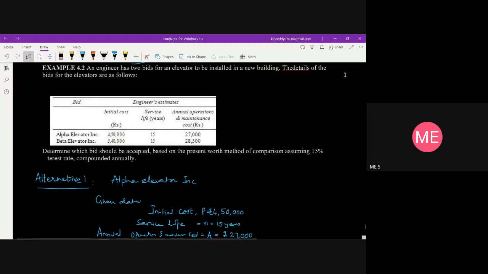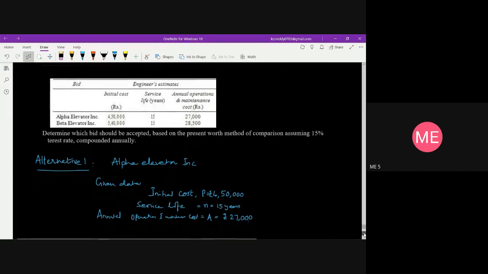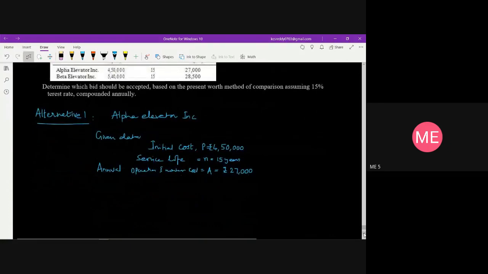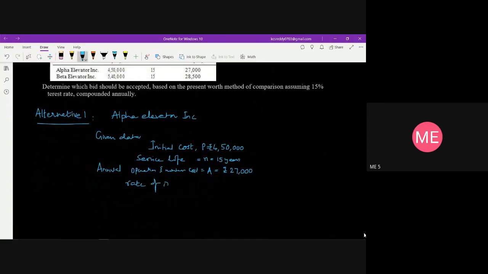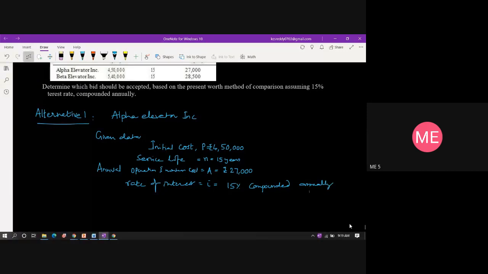And he has also mentioned that the rate of interest I is 15%, that is I is equal to 15% compounded annually. So this is what he has mentioned.